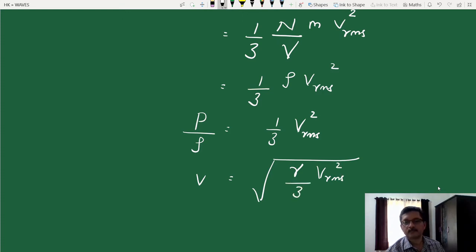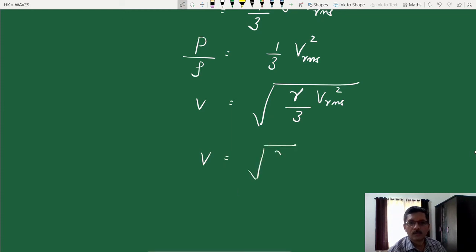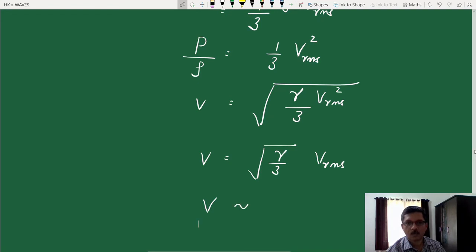So what you see is that Vrms square you can take outside the square root. So this is the square root of gamma by 3, which is a constant, into Vrms, right? So the speed of sound in a gas column is of the order of the root mean square speed of gas molecules, or of the order of the mean speed, the average speed of gas molecules.